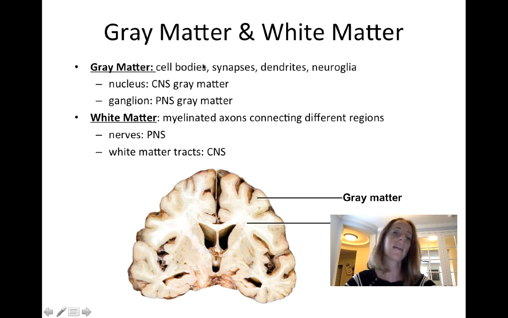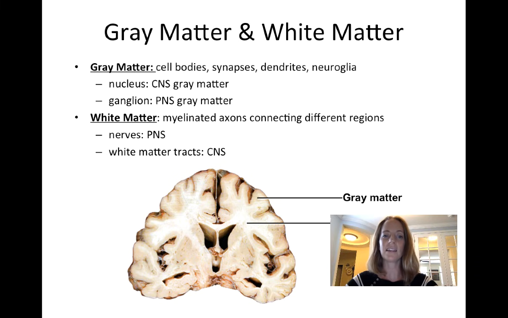So before we get into that, we have to review a couple of terms. So the gray matter in the central nervous system we refer to as nuclei. So these are mostly cell bodies, synapses, dendrites, neuroglia. So a nucleus, if we talk about, for example, the red nucleus down in the brainstem, then that is a group of cell bodies in the central nervous system.